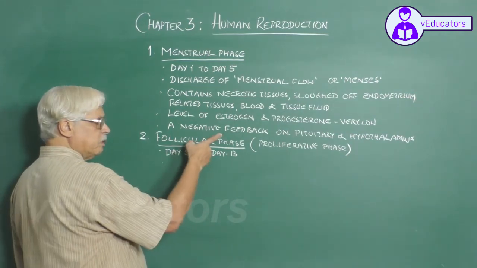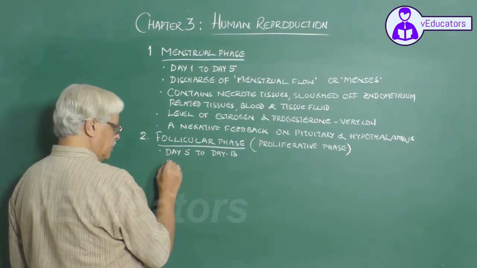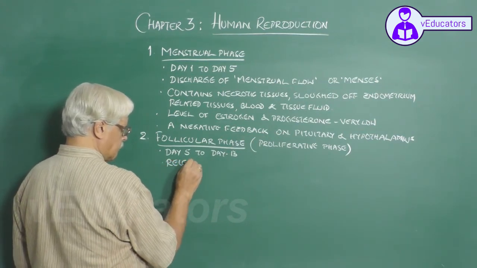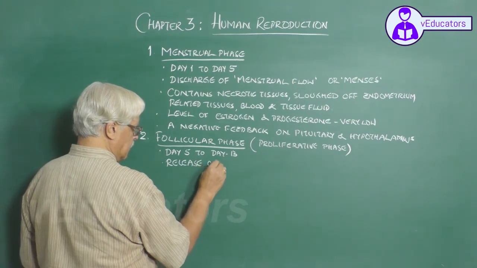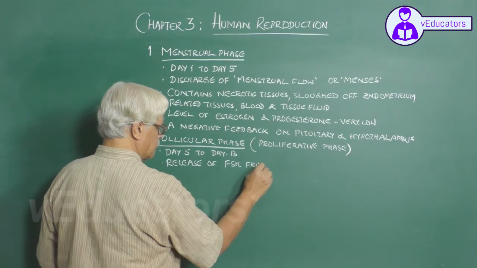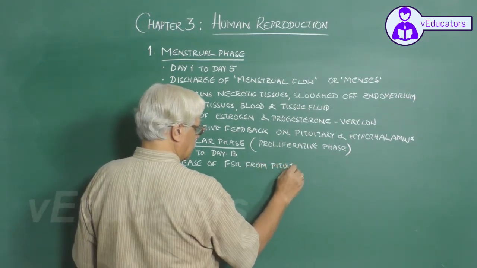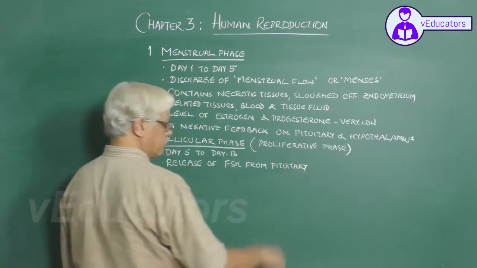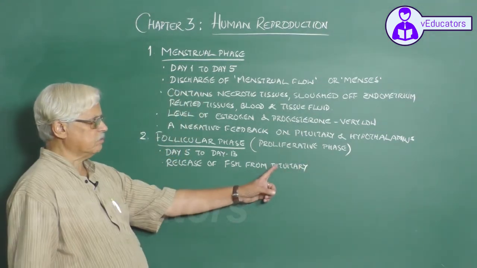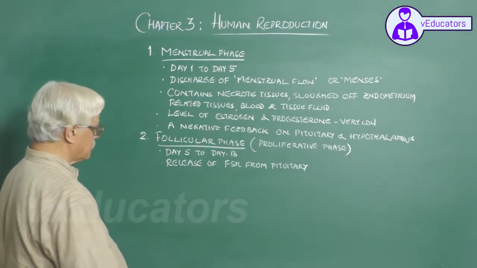Due to the negative feedback on pituitary and hypothalamus, there is release of FSH from the pituitary under the influence of FSH-RH from the hypothalamus.